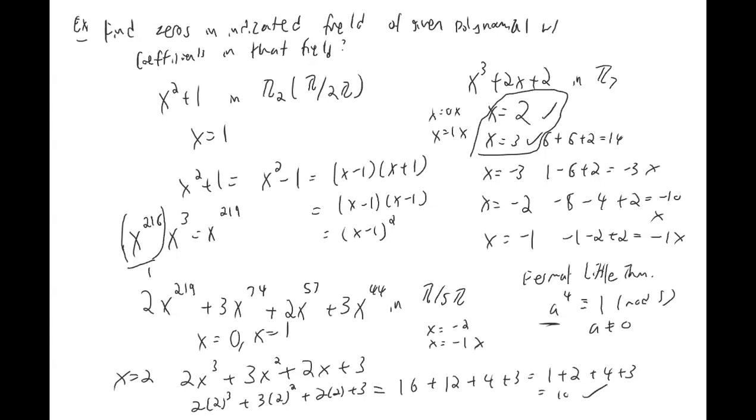If I do my algebra correctly. And then -2 is what? So I get -16. So again, all I did was plug in -1 to this equation. So -2 is what? -16 plus 12 minus 4 plus 3.